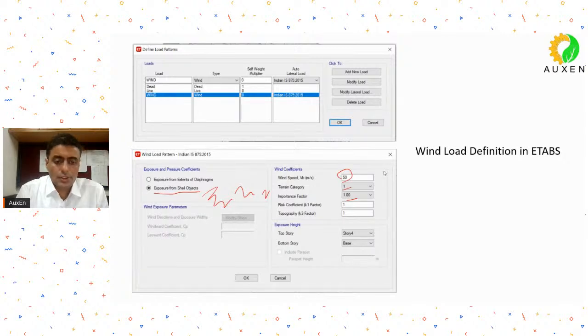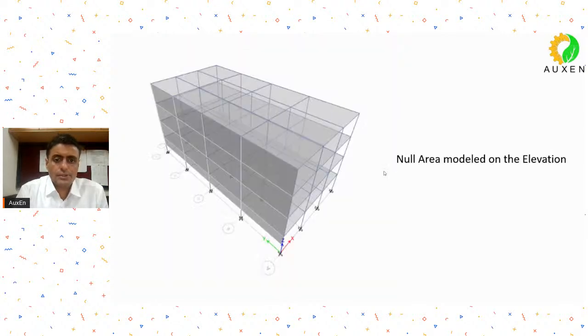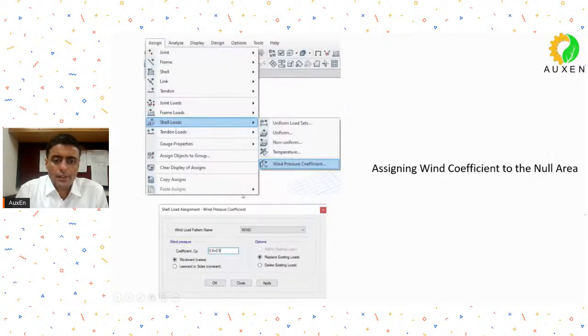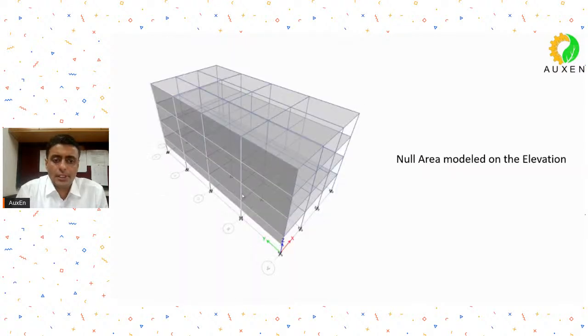Okay, so this is what we have done, defining wind loads. After defining wind loads, we have created these null areas. If you can see, these null areas we have created on the elevation. Again, you will notice on the bottom half, I have not created any null area. Then after creating these null areas, we will select all of them. You remember we already have a wind load definition in place.